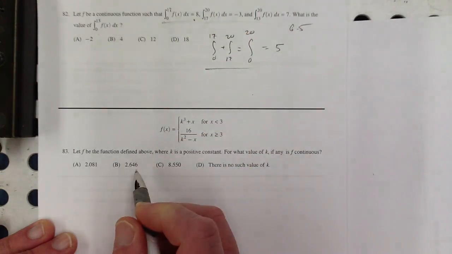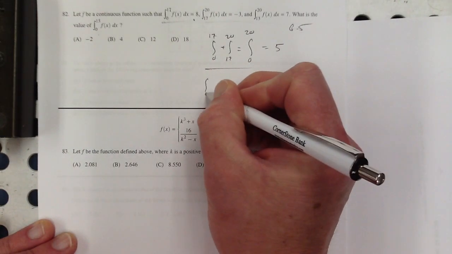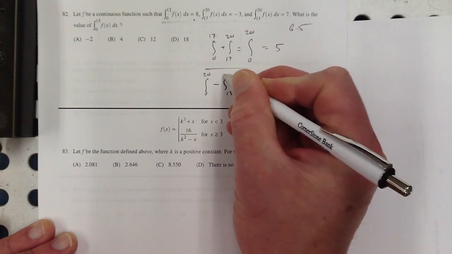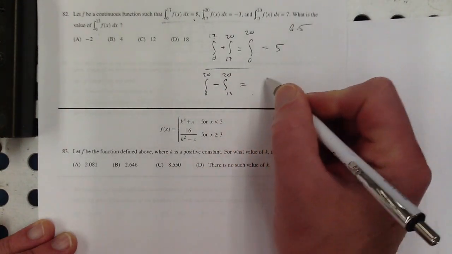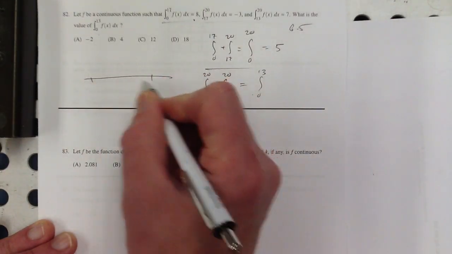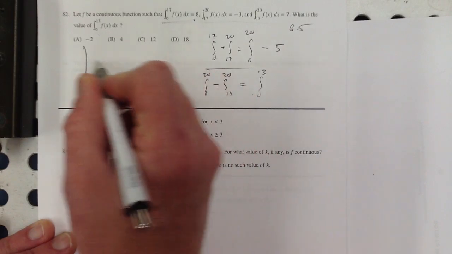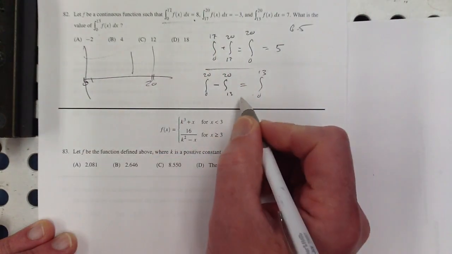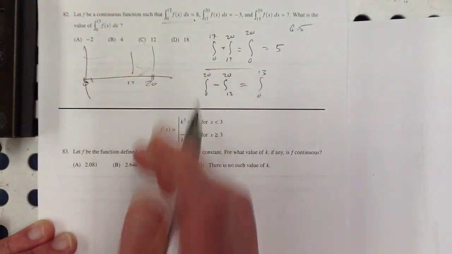And then, if you want 0 to 13, well, you could take the 0 to 20 and then subtract the 13 to 20, and that would give you 0 to 13. Because if you've got the area from 0 to 20, that whole area, and then you subtract 13 to 20, subtract that off, then you get the 0 to 13, right?